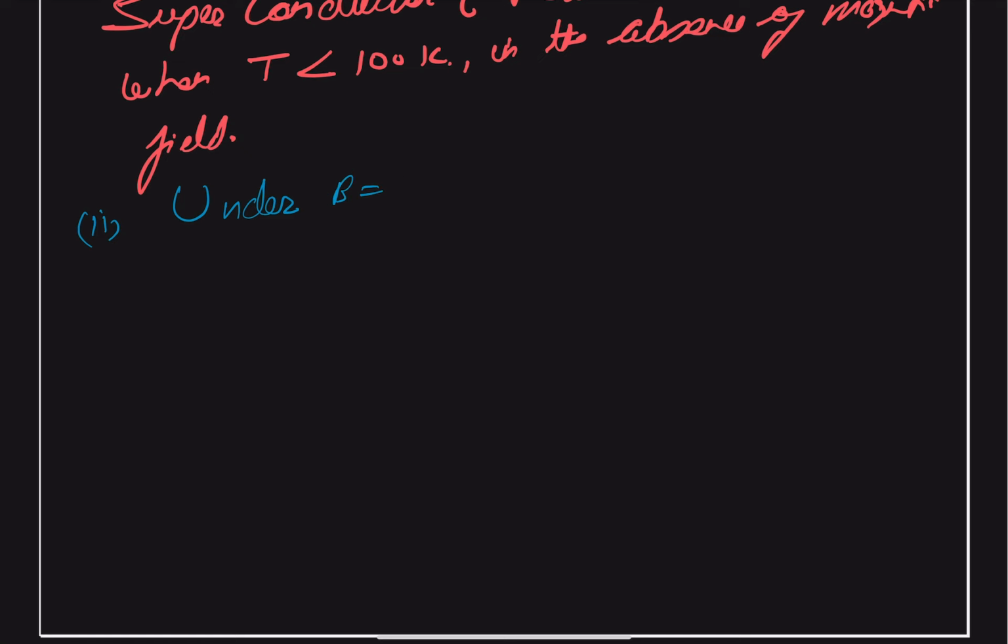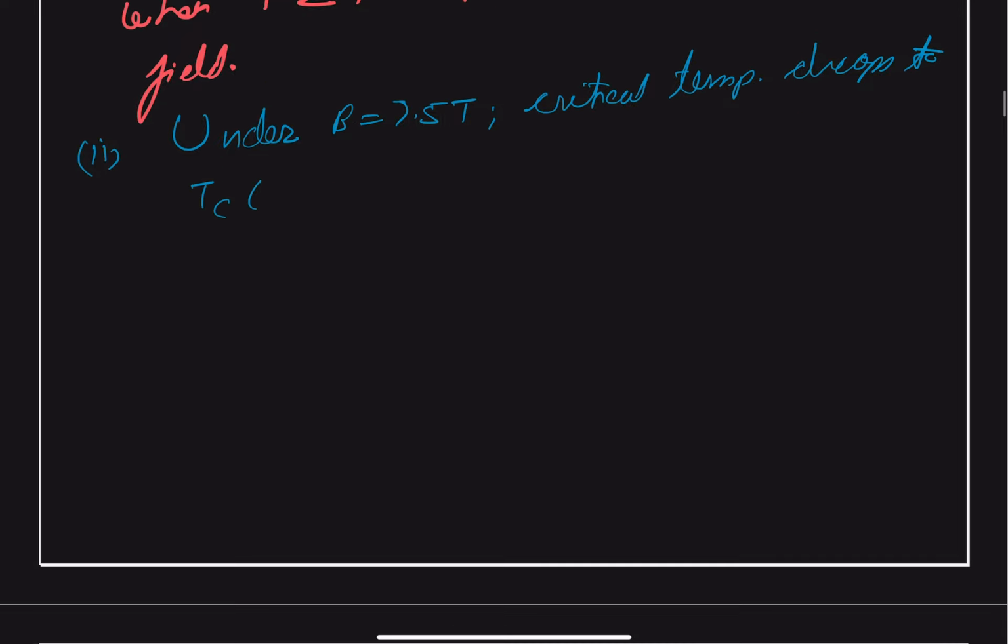Under B is equal to 7.5 Tesla, the critical temperature drops to TCB, which is given as 75 Kelvin.